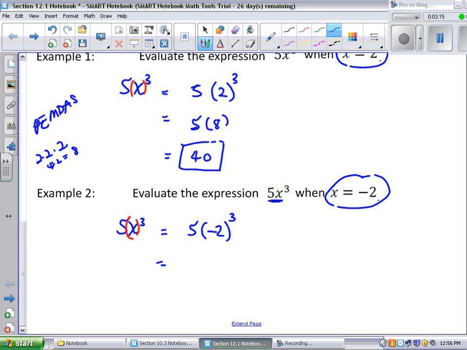And I'll need to take care of -2 times -2 times -2. -2 times -2 would be 4, and 4 times -2 would be -8. Whenever I raise a negative number to an odd power, it turns out to be negative. If I raise it to an even power, it turns out to be positive. But this is an odd power, so I'm going to have 5 times -8, and 5 times -8 is -40.